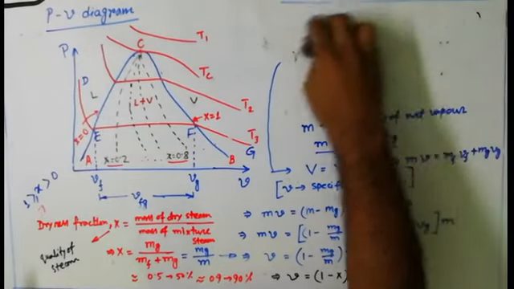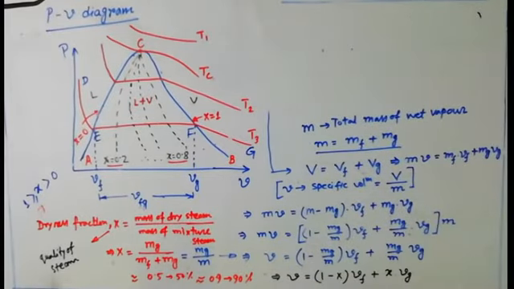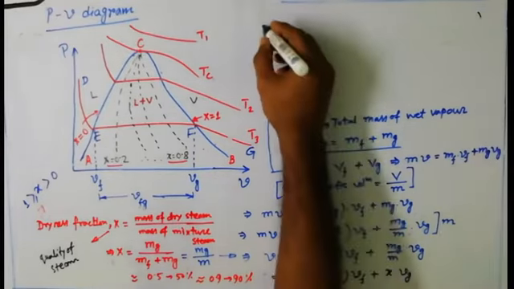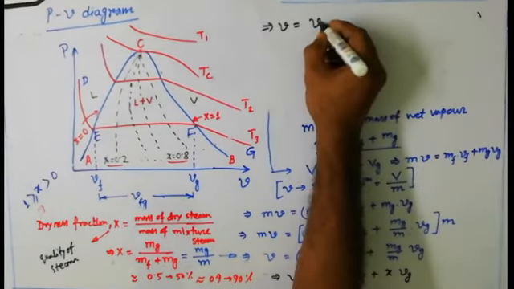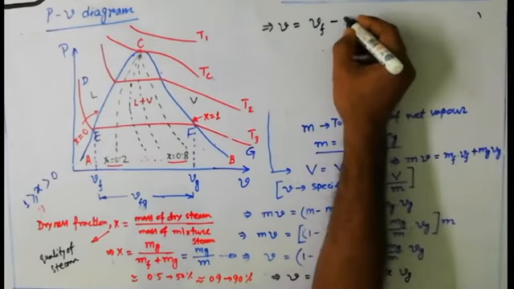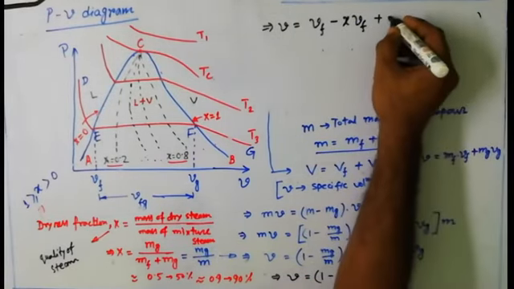Just wiping this top part so I can use it. If I arrange that particular equation, it will look like small v equals Vf minus x into Vf plus x into Vg.